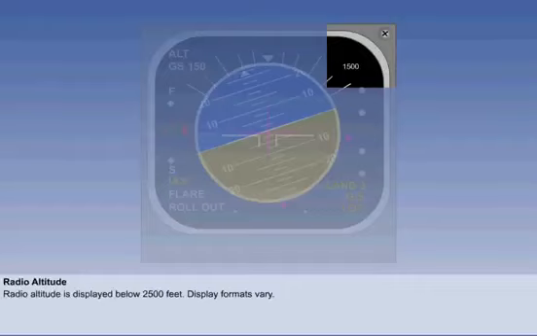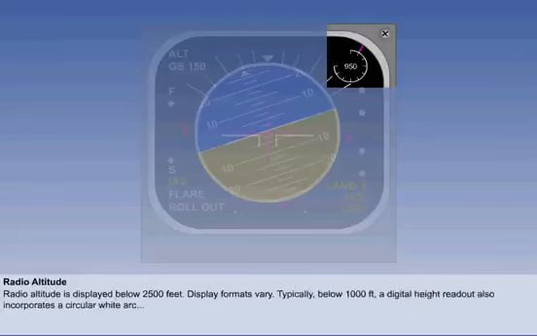As mentioned earlier, it may be presented in differing formats. A common format is illustrated here. Between 2,500 feet and 1,000 feet above ground level, the radio altitude is digitally displayed.